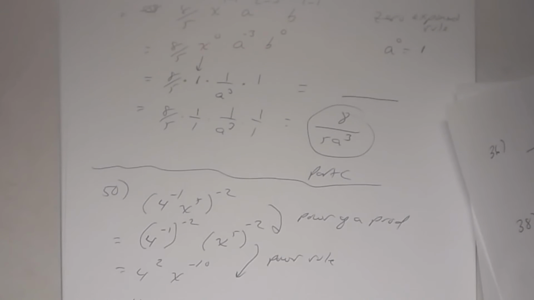Okay, now let's talk about 4 to the second. What's 4 to the second? 16. How am I going to deal with that x to the negative 10th? Negative exponent. So that's 16 times what? See, do that step. Don't skip it. First, do the step: 1 over x to the 10th, right?